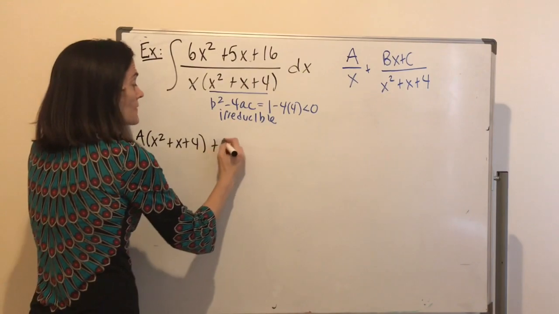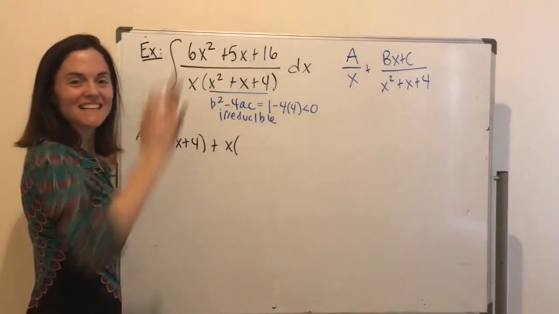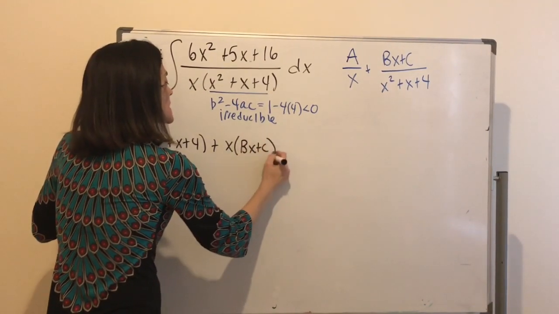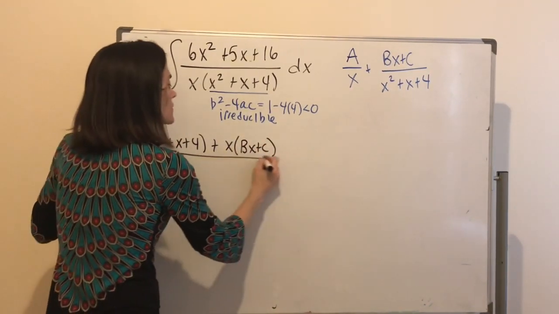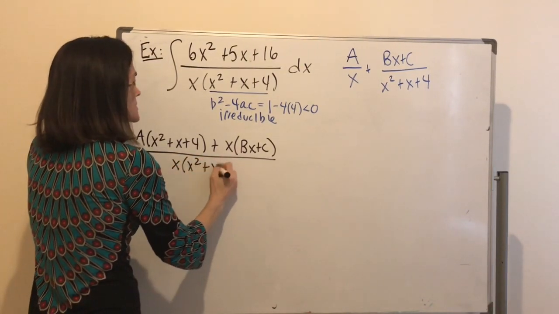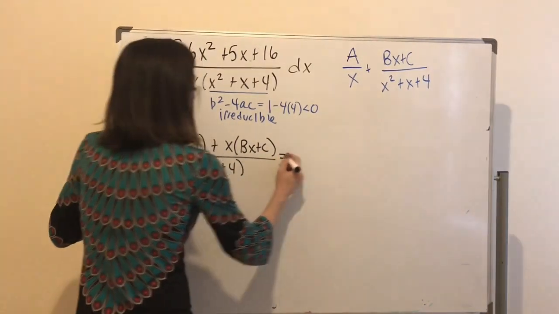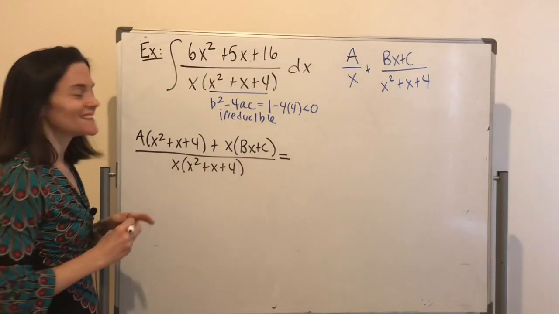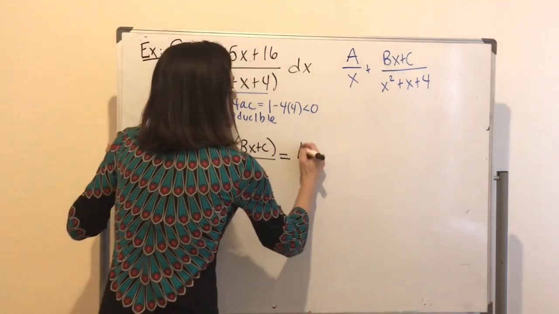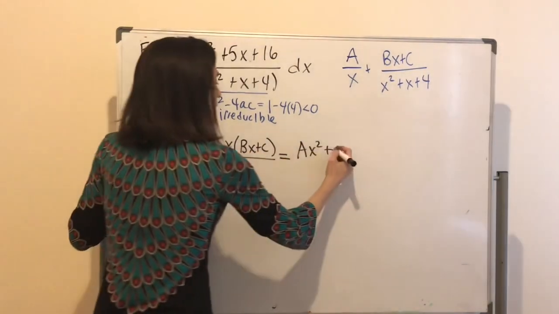And then we're going to have an x, because this term over here, we multiply by x over x, times bx plus c. And this will be all over x times x squared plus x plus 4, like this. And then maybe I'll multiply everything out while I'm still in this fraction part. It's going to be ax squared plus ax plus 4a.